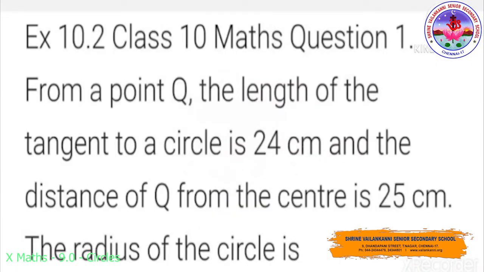Coming to exercise 10.2, first question. From a point Q, the length of the tangent drawn to a circle is 24 cm and the distance of Q from the center is 25 cm. Find the radius of the circle.